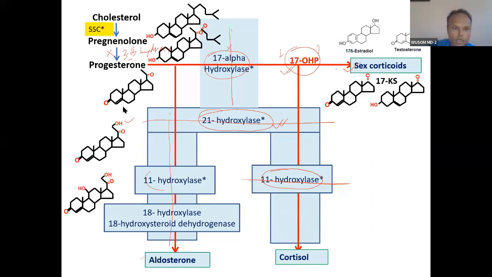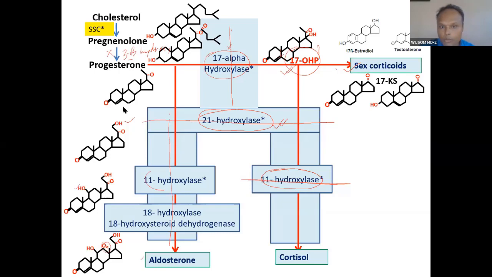Again 11 hydroxylase forms this, and then 18 hydroxylase and 18 hydroxy steroid dehydrogenase will lead to this, where there is a double bond. On this side, this is the formation of 17 OHP. Then hydroxylation at the 21 position, then at the 11th position, will lead to cortisol.